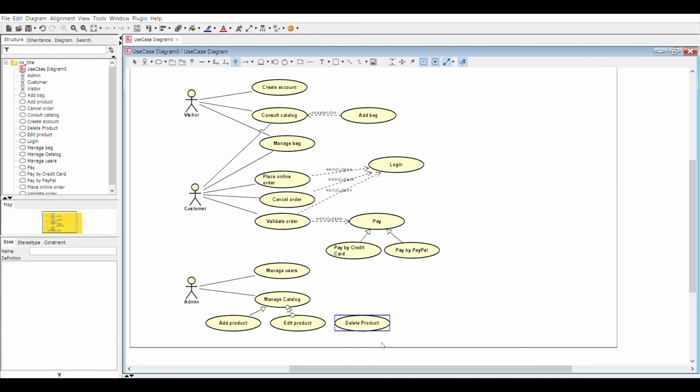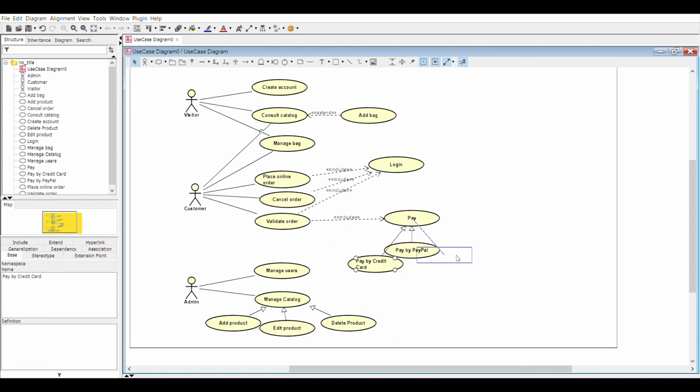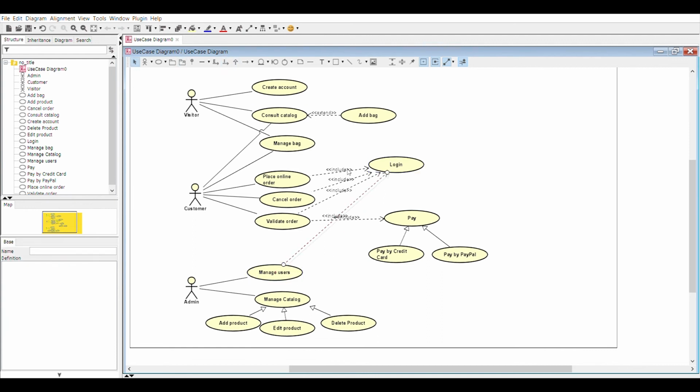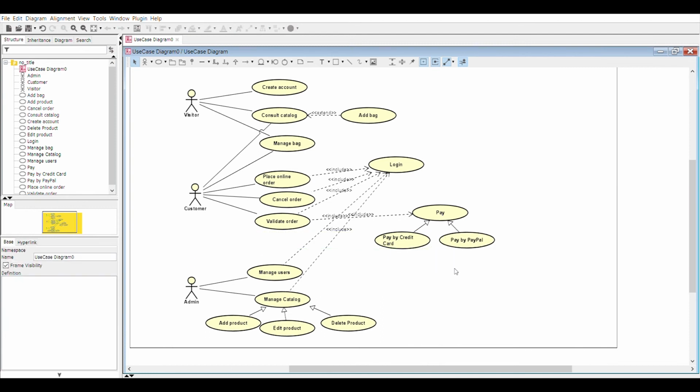And of course the admin also should log in to the system. So I will do here a relation between manage and login. It's an inclusion, of course. To manage users or to manage catalog, the admin should first log in to the system.